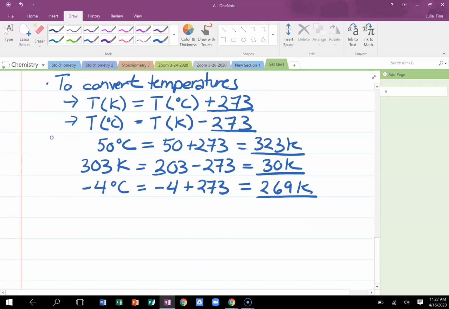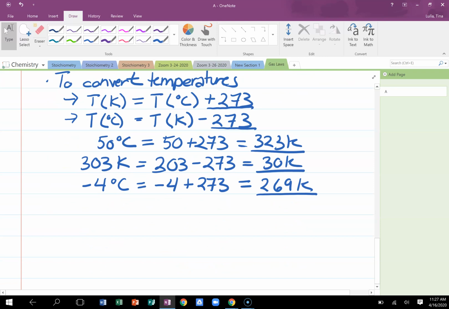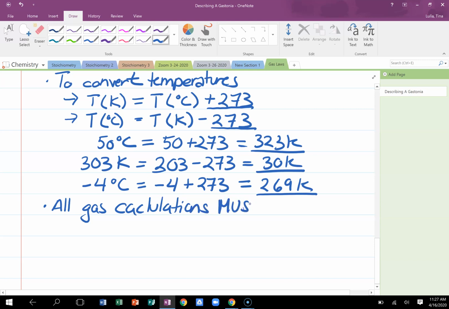But it is really, really important to remember that all gas calculations, I actually will write that because it's so important, all gas calculations must be done in Kelvin.